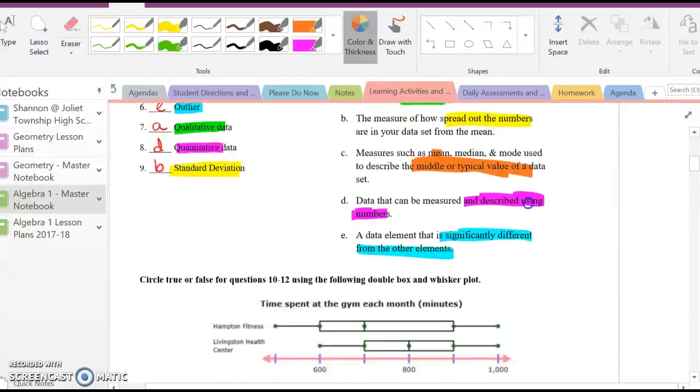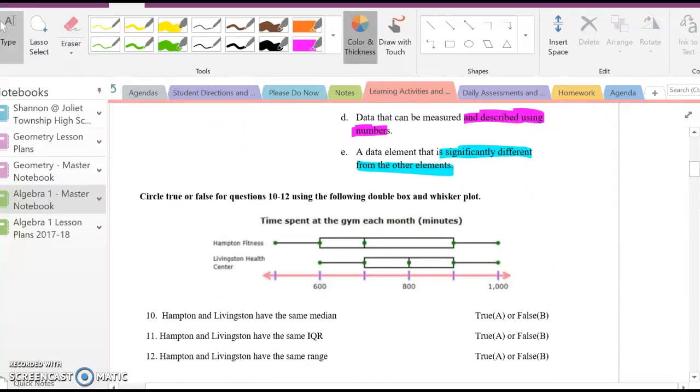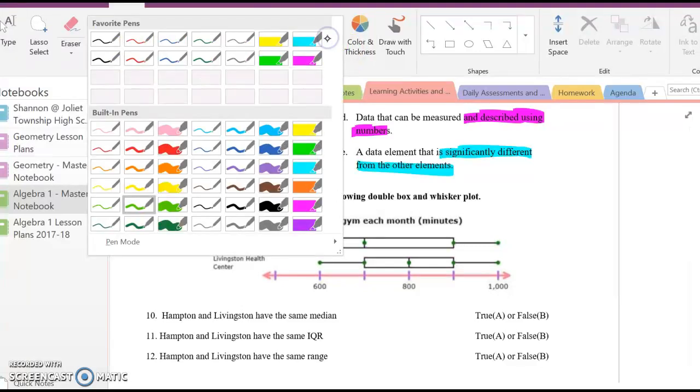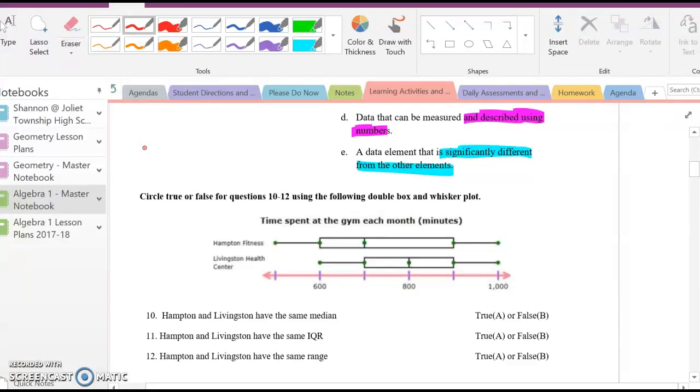Alright, so for 10, 11, and 12, these were true or false, so you had to identify the comparison of the box plot. Sorry, I'm going to change colors one more time. Hampton and Livingston are the 2 different fitness centers, and they have the same median. Your median is the value in the center of your box.